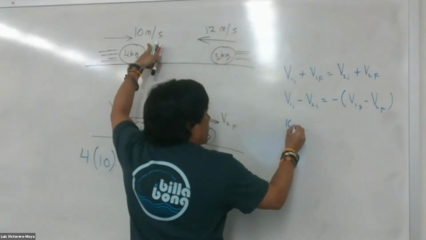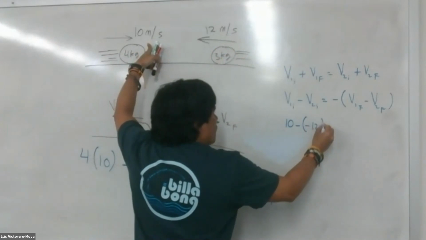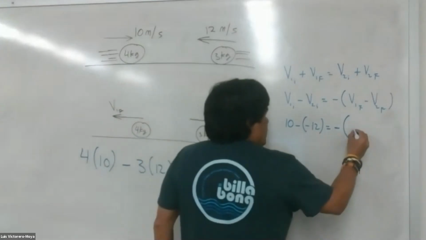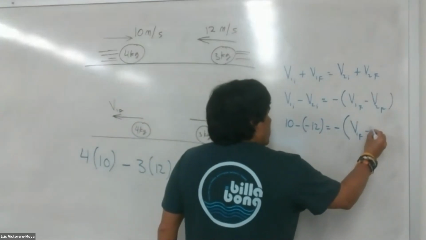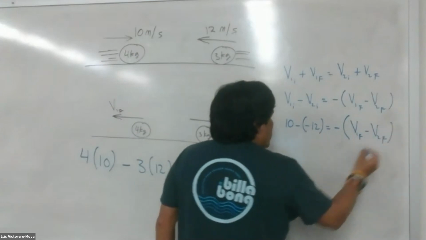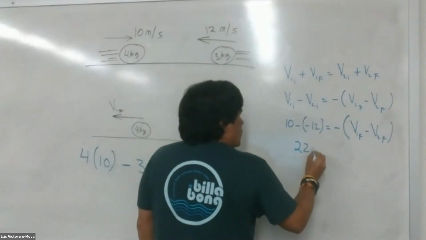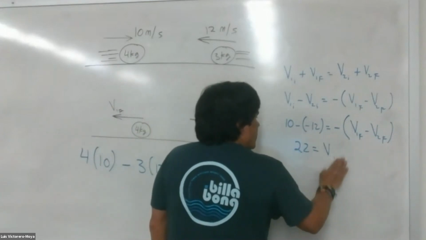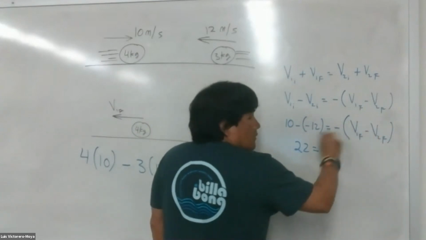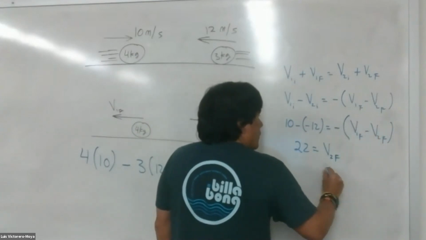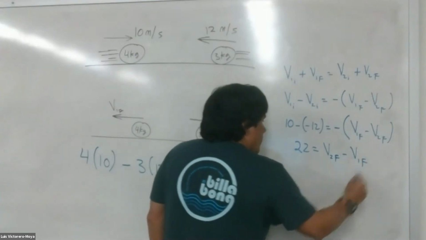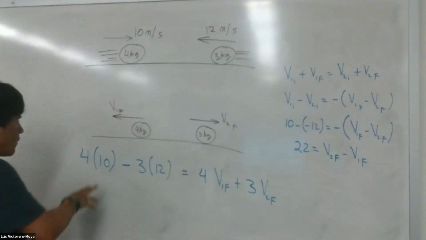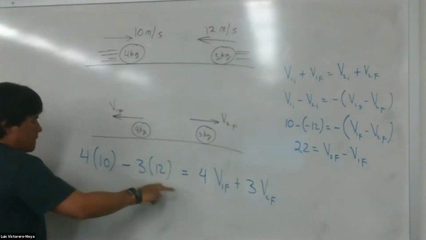So this will be 10 minus negative 12 equals V2 final minus V1 final. This will be 22 equals V2 final minus V1 final, because I want to distribute a minus. So 40 minus 36 is 4.